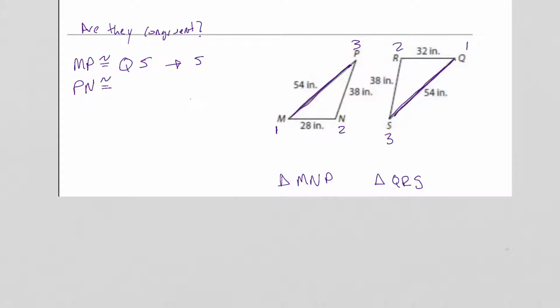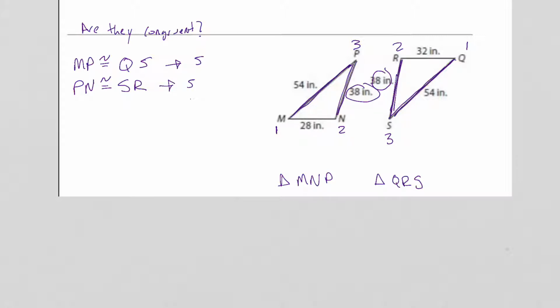PN's 38. And the thing that corresponds with PN would be SR, and those are definitely congruent, right? Two sides, two sides. So we have side, side.